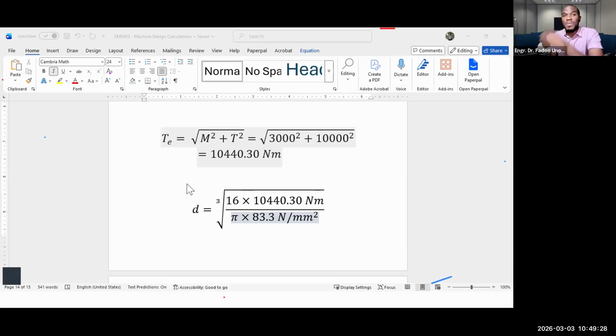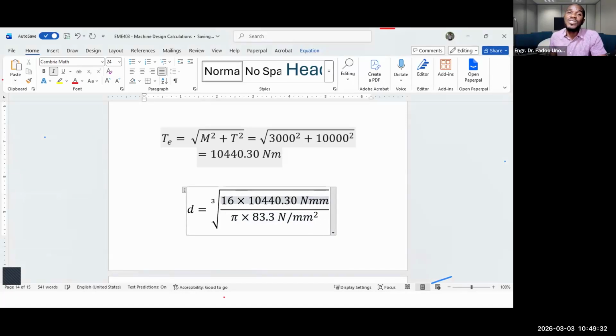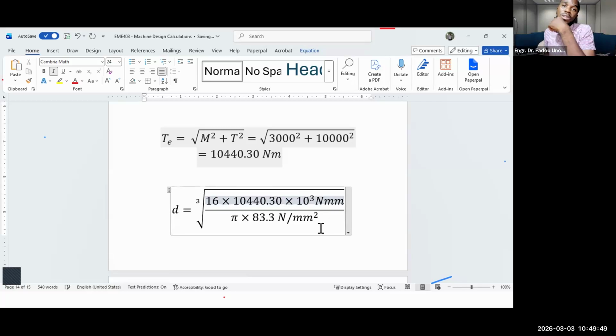You are putting a milli, which is 10 to the power minus 3, so you must add the 10 to the power 3 for both of those to cancel out. Effectively, this is times 10 raised to power 3, so that our diameter can be in millimeters.